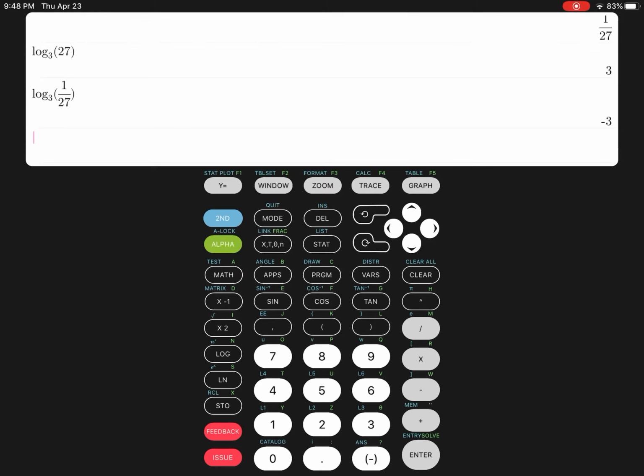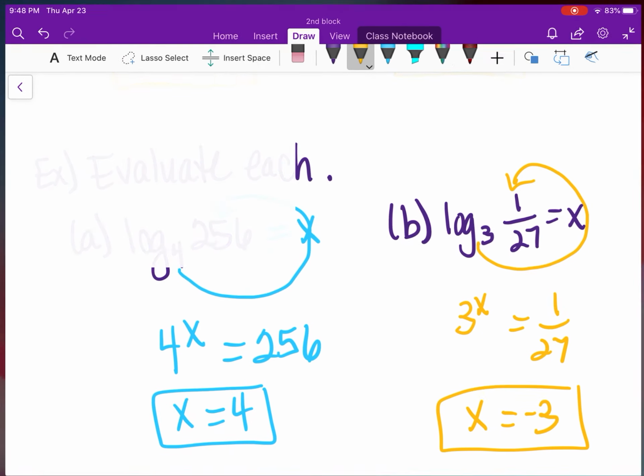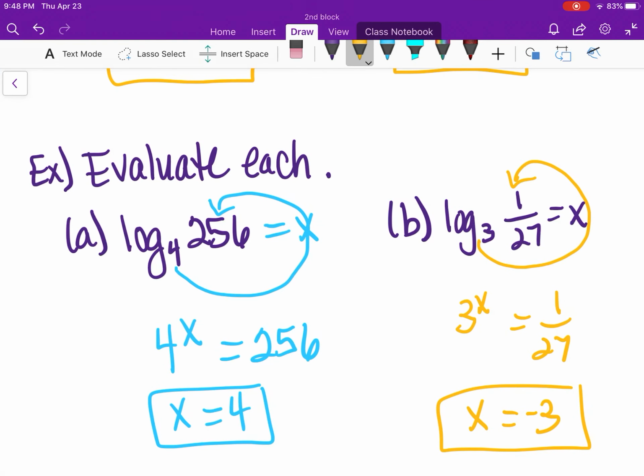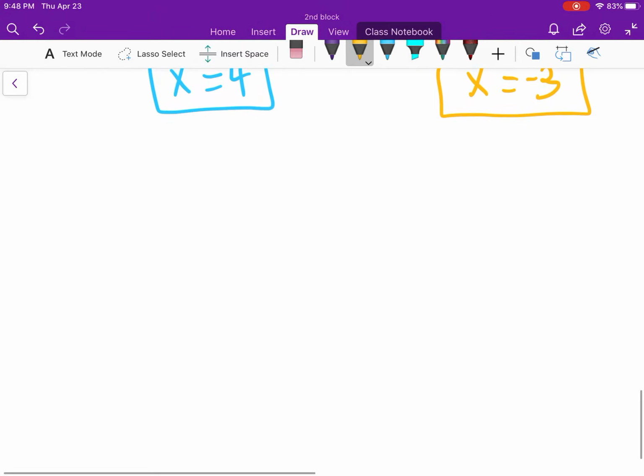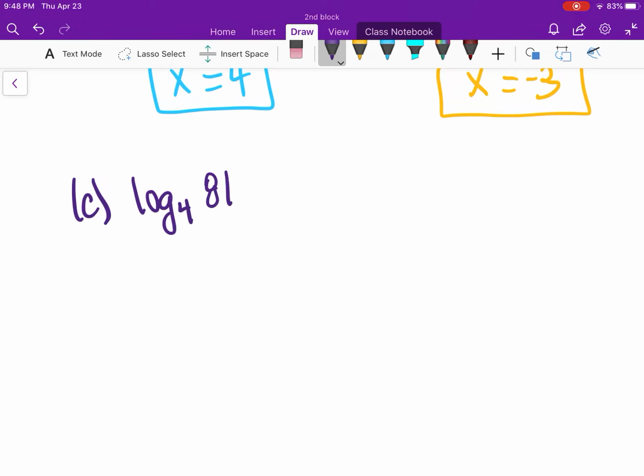Okay. Now, for problems that are not going to turn out nice, you're definitely going to want to use that calculator. So, for example, let's say that you're finding the log base 4 of 81.